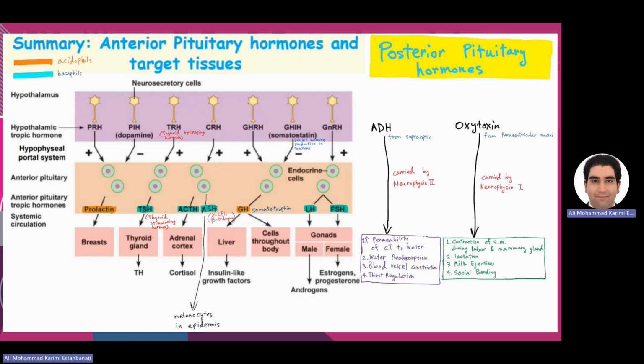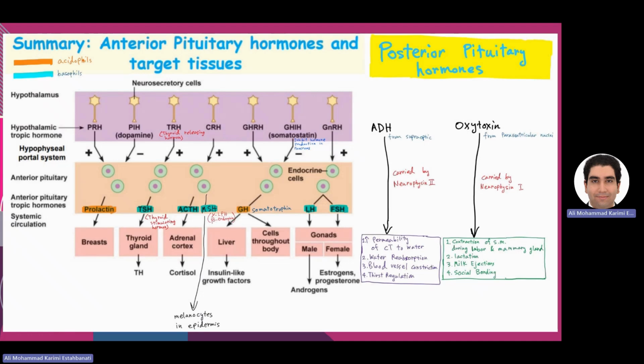The hypothalamus produces quite a lot of hormones, and sends them to the anterior pituitary through the hypophyseal portal system. In the anterior pituitary, we have the two cells producing acidophilic hormones, while the rest are basophilic. These two acidophilics are prolactin and growth hormone.